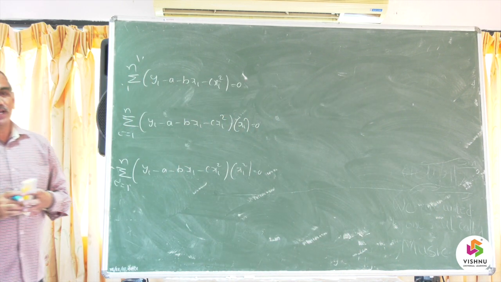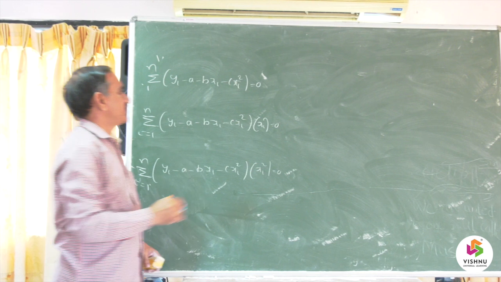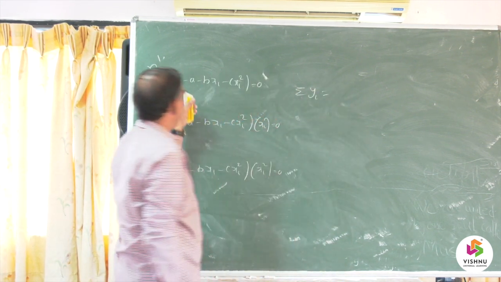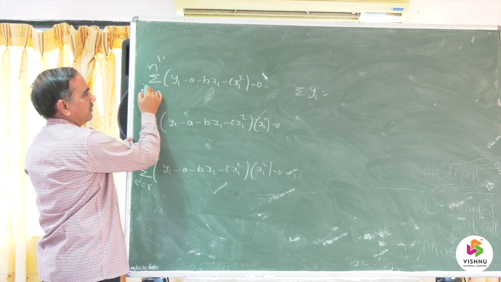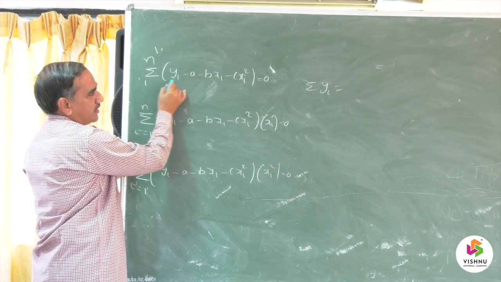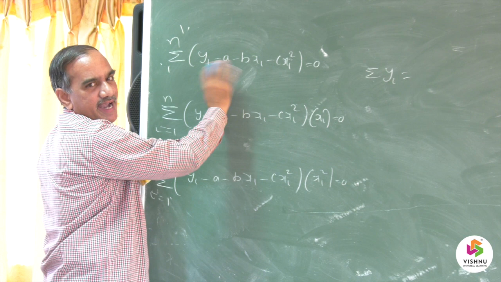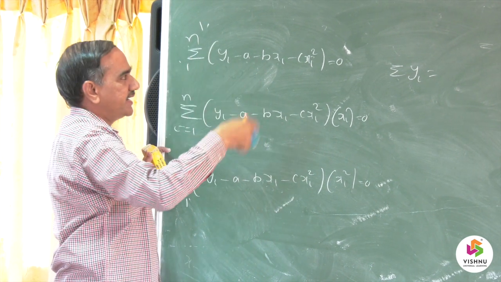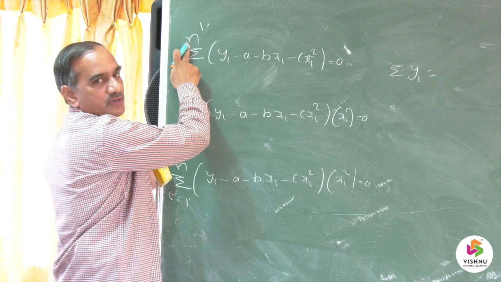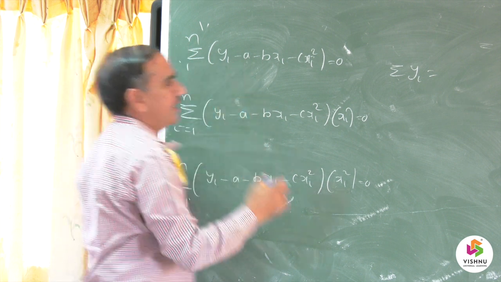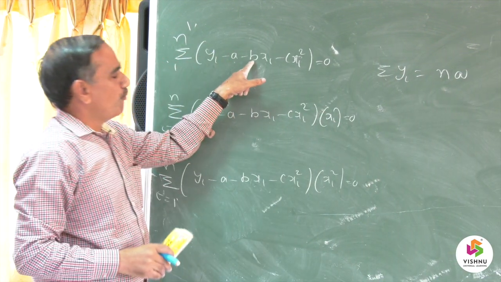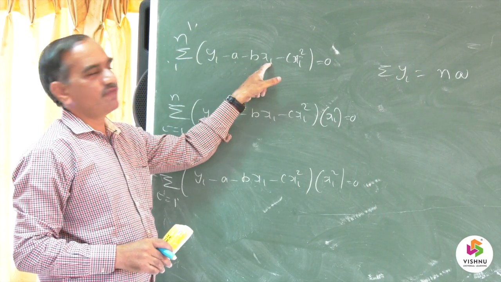By solving these equations, we get 3 normal equations. First equation is sigma yi. So y is a variable, so apply sigma over y, sigma yi. Here a is constant, a doesn't change, but it is added n times. So a constant repeatedly added n times can be written as n into a. Here we have b constant, x is variable.